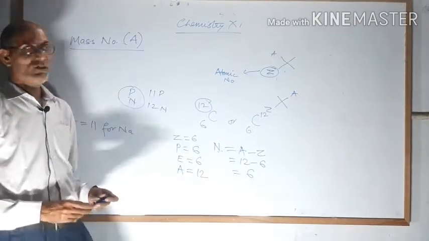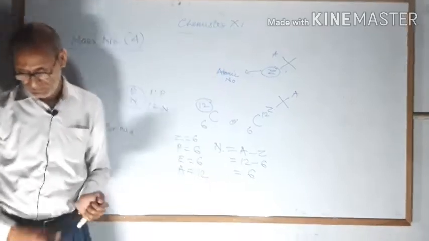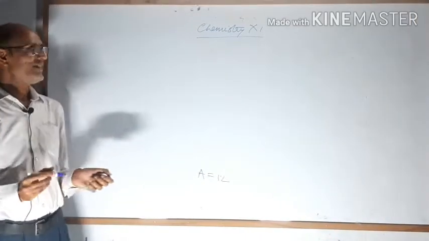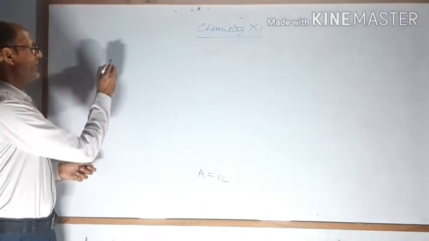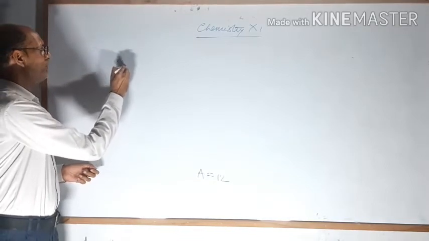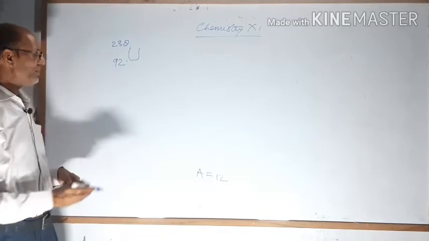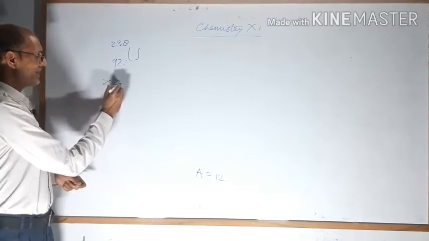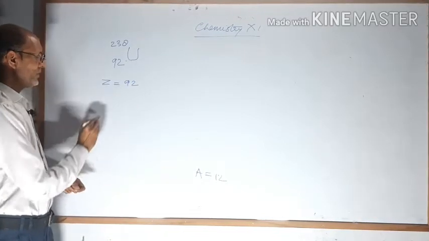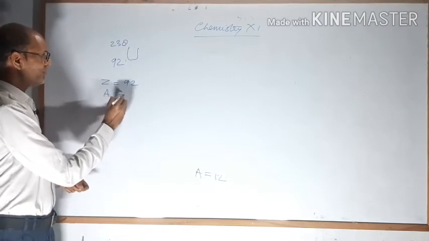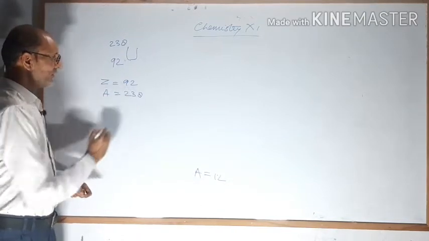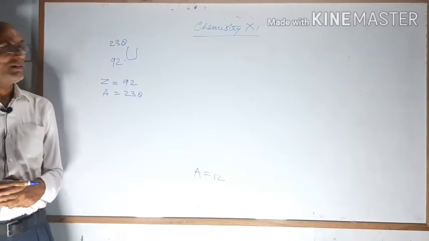Okay students. The symbol of uranium is represented as 92U238. It means atomic number equals 92, mass number equals 238. So what will be the number of protons? P equals 92.